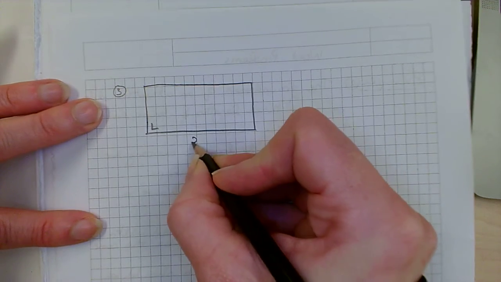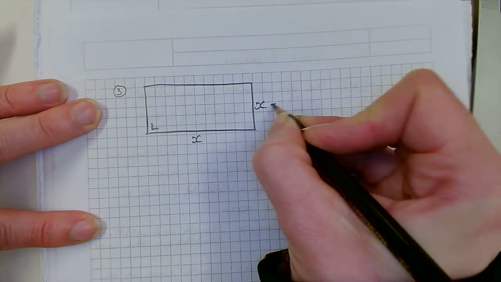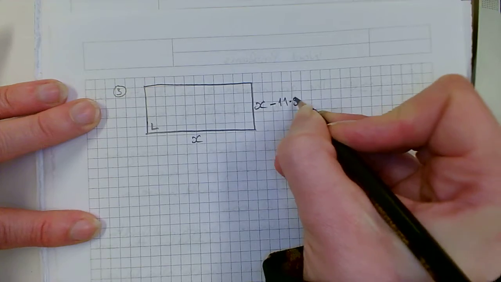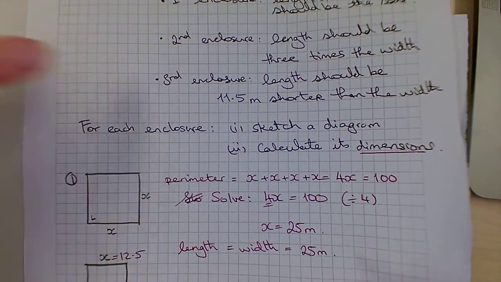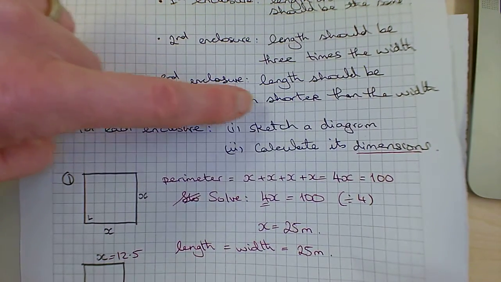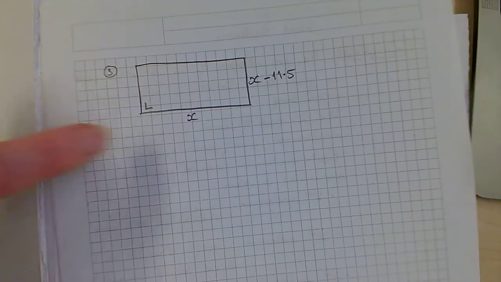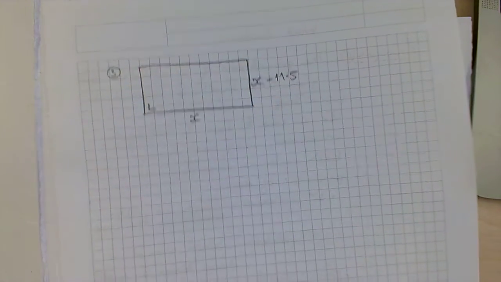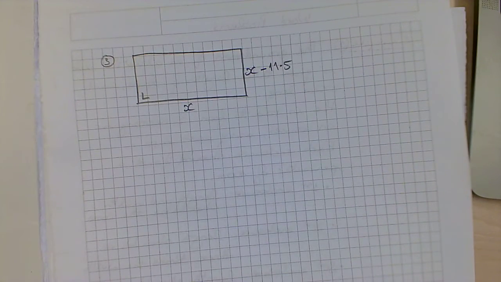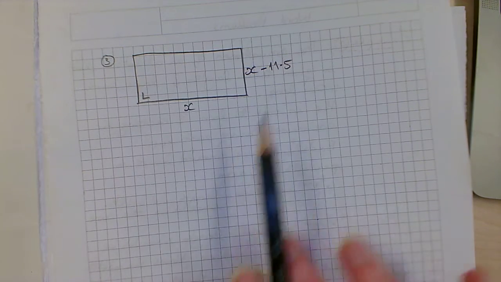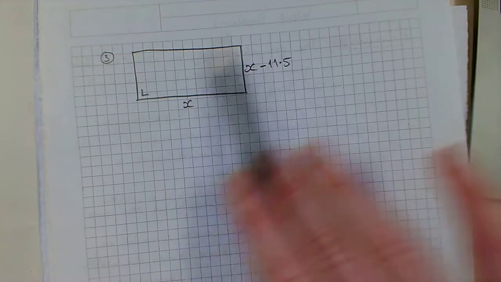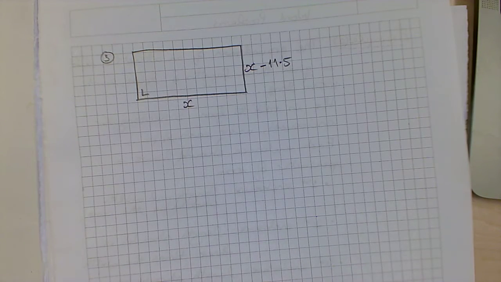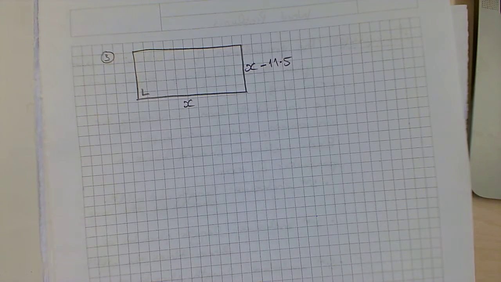So if the width is x, the length is x minus 11.5, since the length is 11.5 meters shorter than the width. You could have done this as x and this as x plus 11.5. So when you can see which one is longer, you know how to add or subtract appropriately.